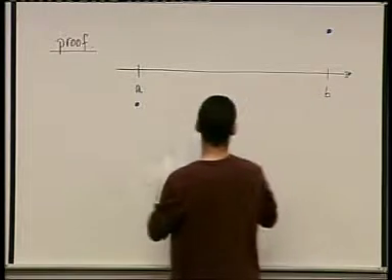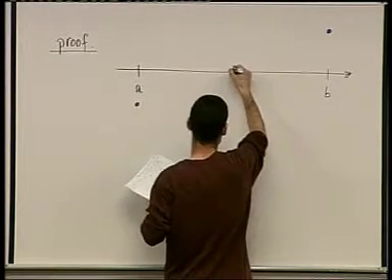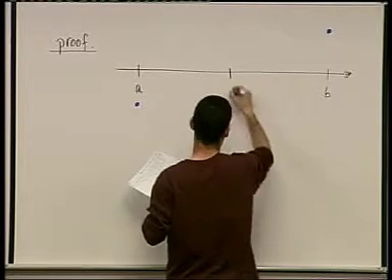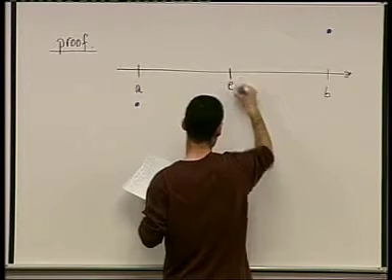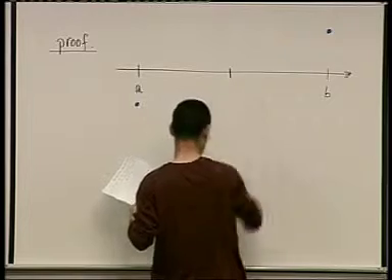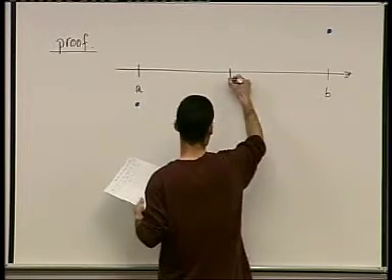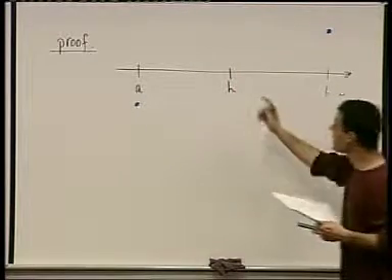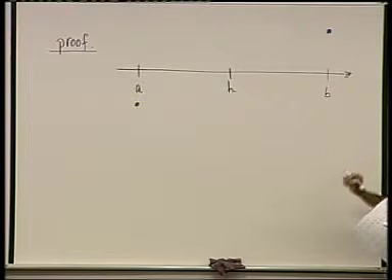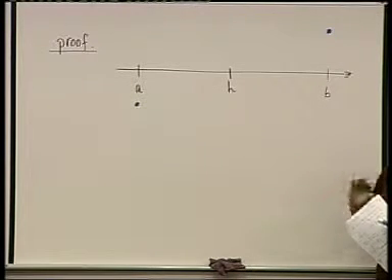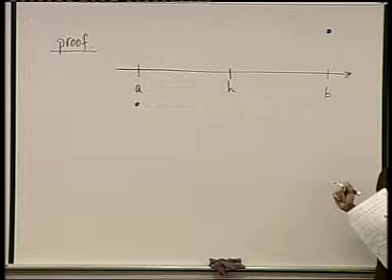So first of all, I'm going to look at the point H. H for half. H is exactly the midpoint of the interval. Exactly at the center. Half.